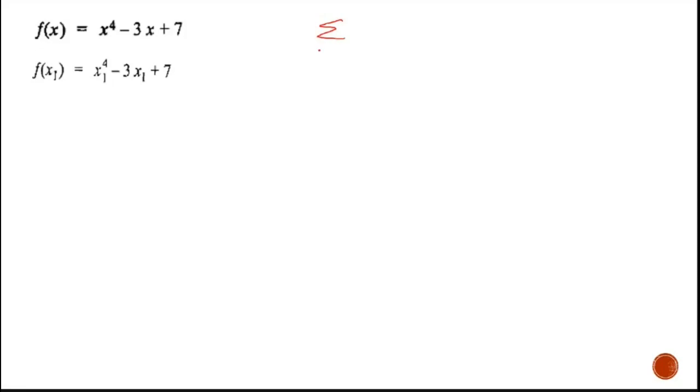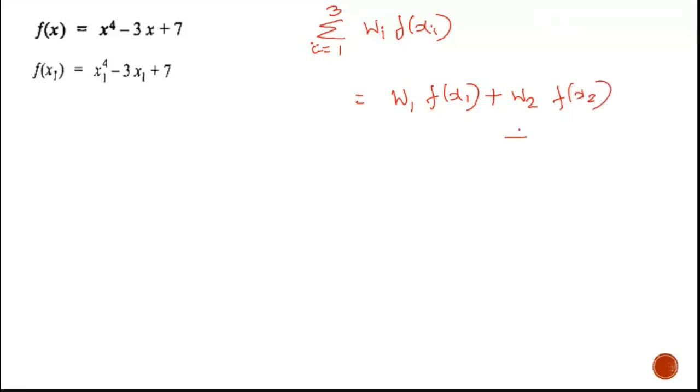So the sum from i = 1 to n of w_i f(x_i). That is the formula, which means when I substitute i = 1 we get w1 f(x1), plus when i = 2, w2 f(x2), plus next, w3 f(x3).